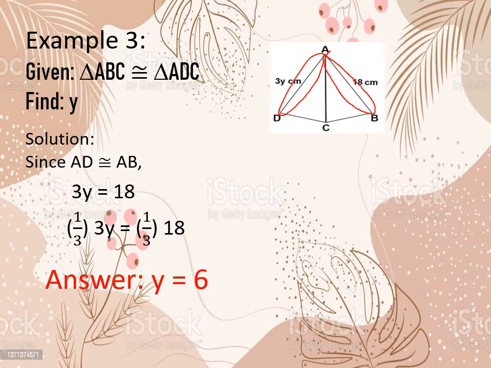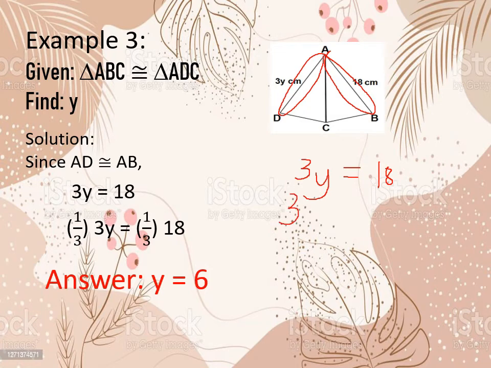Now, let us check if the value of y that we got is correct. 3y is equal to 18. What would be the value of y? Let us substitute the value of y that we got.